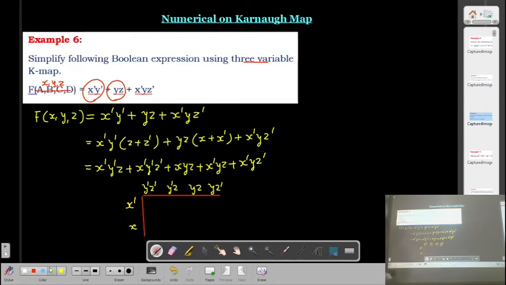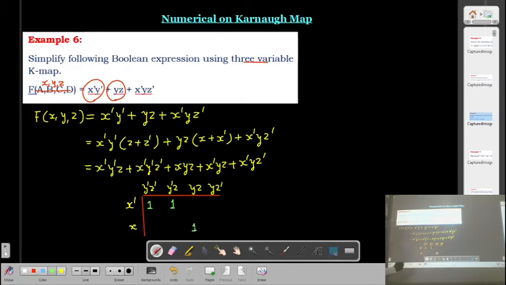Now we will mark all these terms. The first term is x dash y dash z, so here we have a high level. x dash y dash z dash, so that position is here. Then x y z: x is there, y z, so this one is 1.